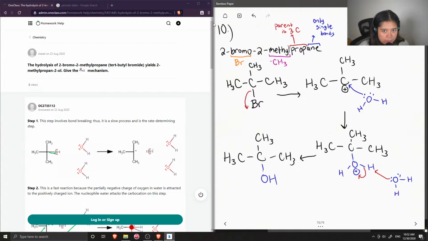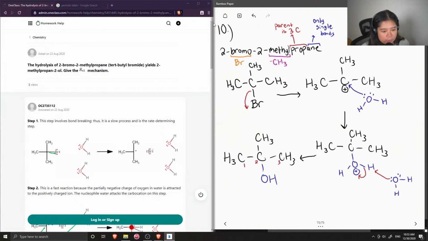Okay, so if we wanted to name this compound as well, let's number it again, just so that we can compare it with the question. In order to name this, we need to find out what our parent carbon chain is.